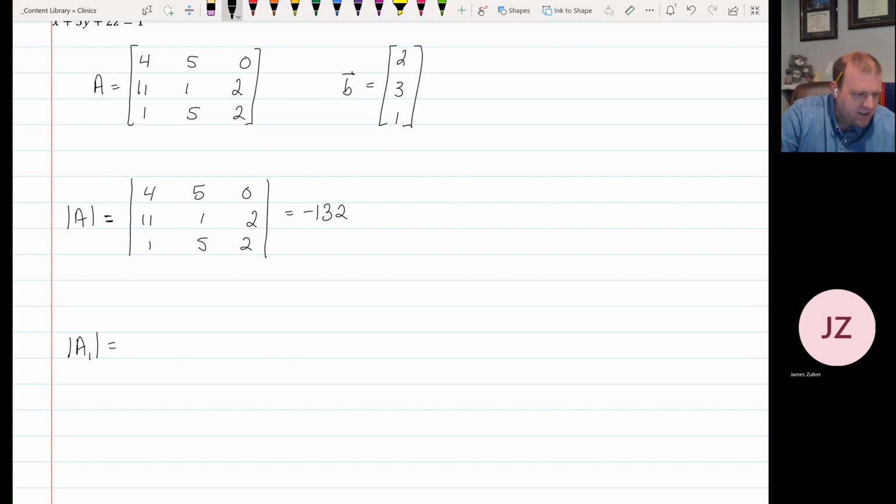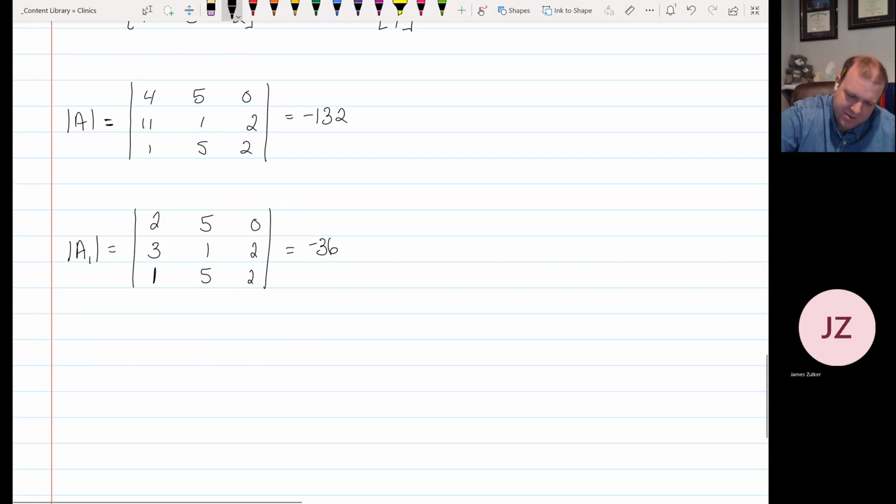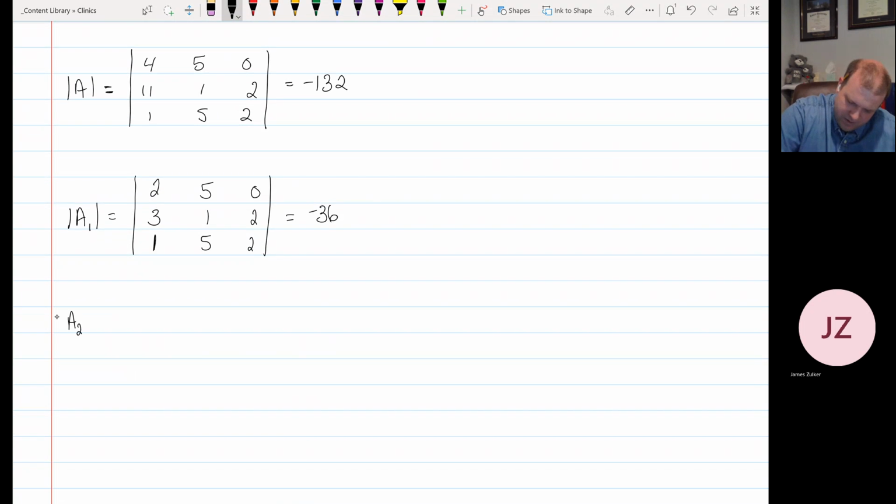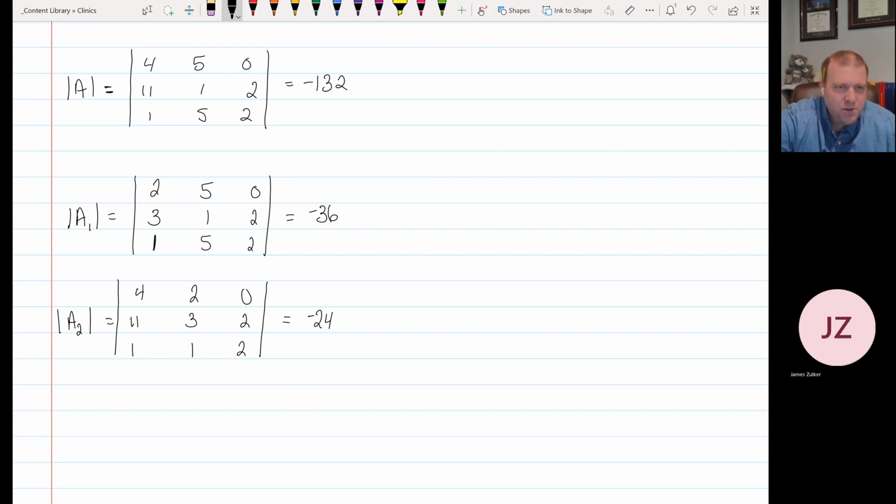The determinant of A1: replace column 1 of A with B. That determinant's -36. The determinant of A2: replace column 2 of A with B. That determinant is negative 24.